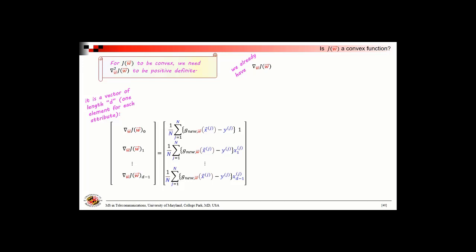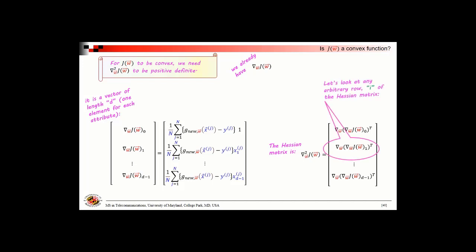The top one is the bias, so it's just multiplied by 1, and all the other rows have the actual features. What we need now is the Hessian matrix, which is the second derivative of J. In this case, we're going to have to look at each one individually. So let's look at any arbitrary row i of this Hessian matrix and derive what it's going to look like.